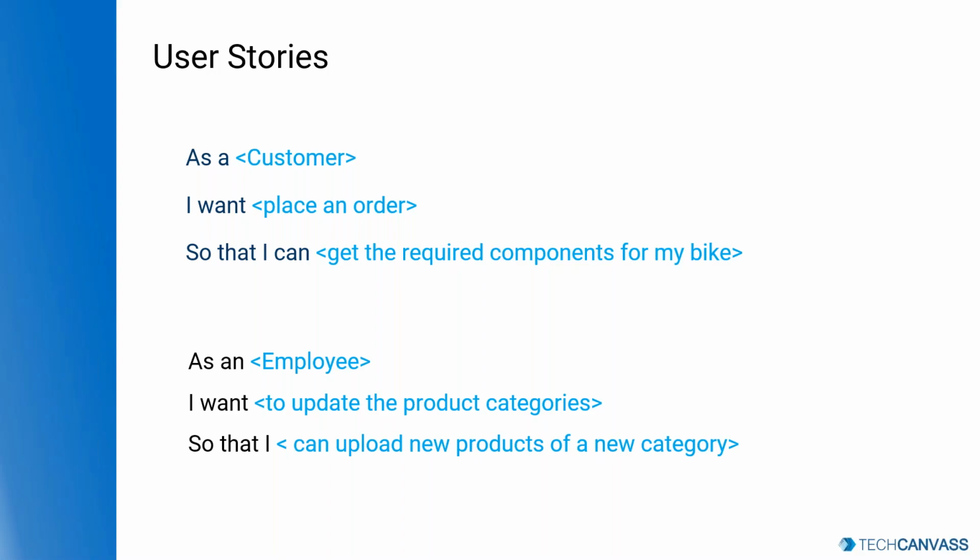The parallel process, or the competing technique rather, for user stories is use cases. You can also use use cases for writing requirements. That's something which is also very popular and used quite a lot.